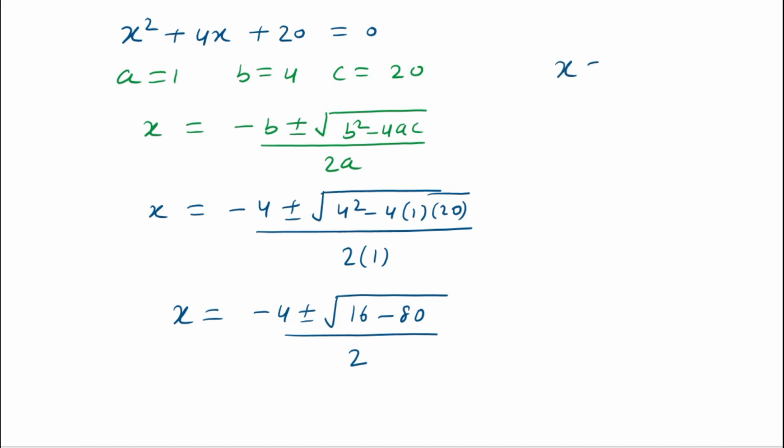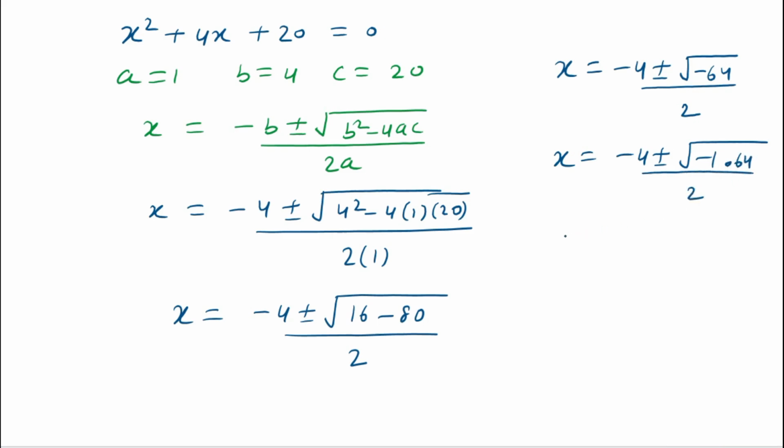Then the value of x is equal to minus 4 plus minus square root of 16 minus 80, this is minus 64, divided by 2. Then x is equal to minus 4 plus minus square root of minus 64, which is the same as square root of minus 1 into 64, divided by 2. Then this expression is the same as square root of minus 1 times square root of 64, divided by 2.